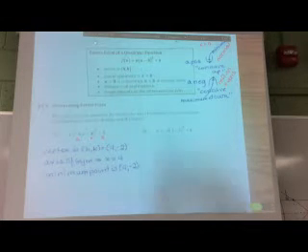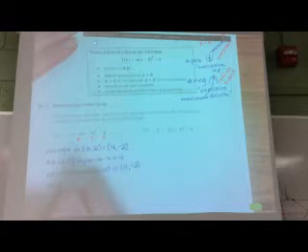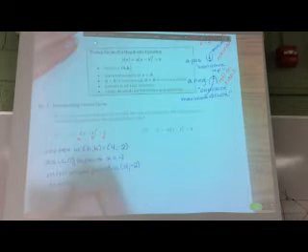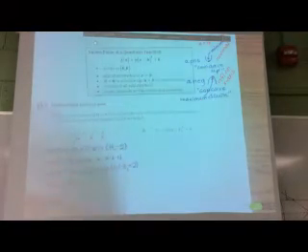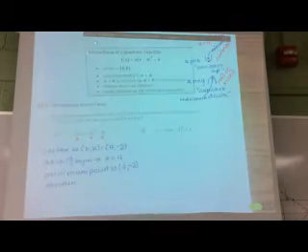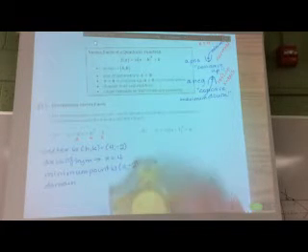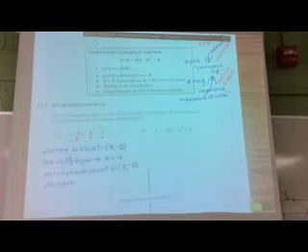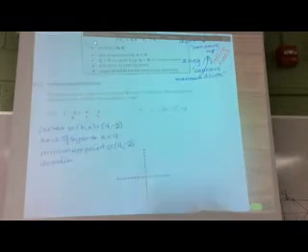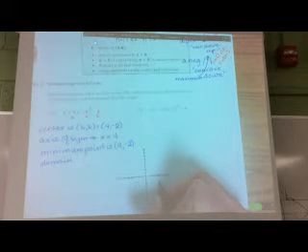All right. Now, next thing, domain. And for this, we could probably use one of my little smiley face graphs. Our vertex on this thing is (4, -2), which is right about here.